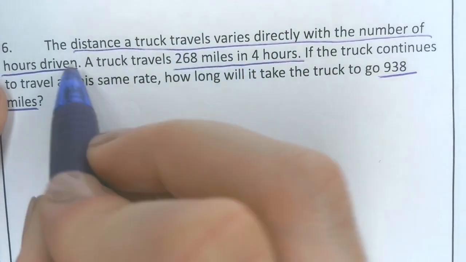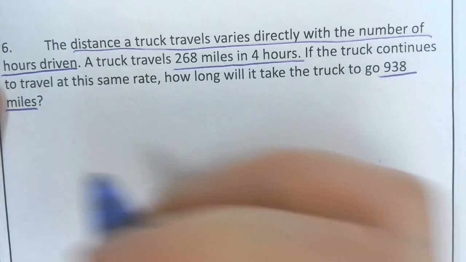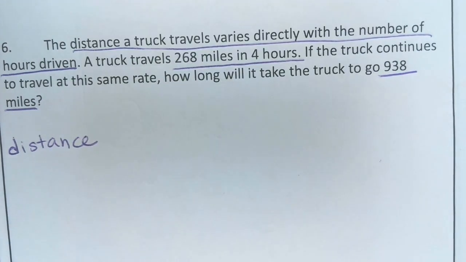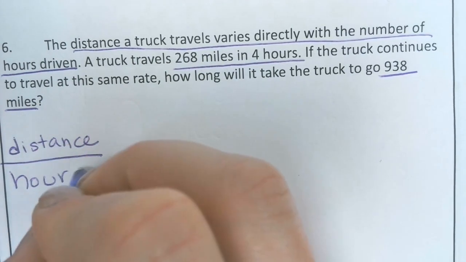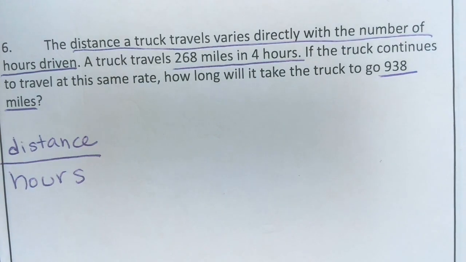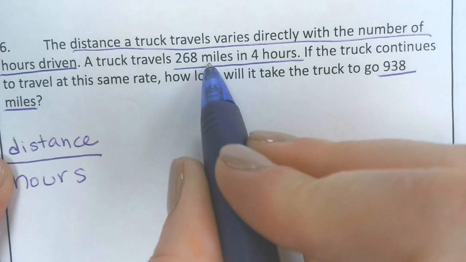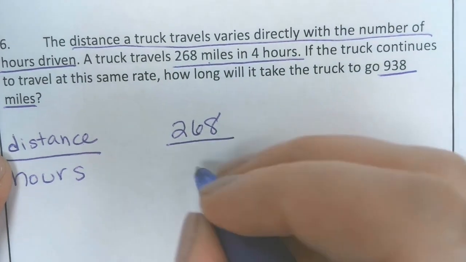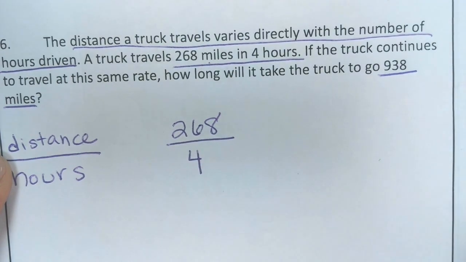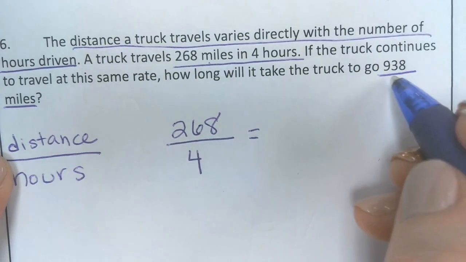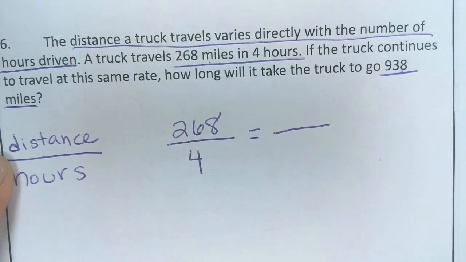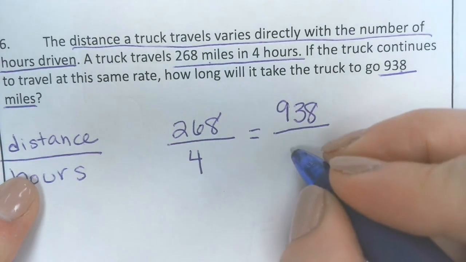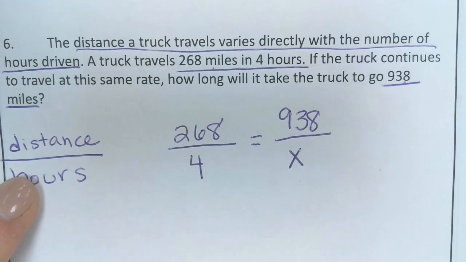It says distance traveled varies directly with hours. So it would be distance varies directly with hours. So distance for the first one is 268 miles. And it took 4 hours. Equals, it says how long will it take to go 938 miles? So miles go on top. How long will it take? That's hours. We don't know. So we're going to set it up.